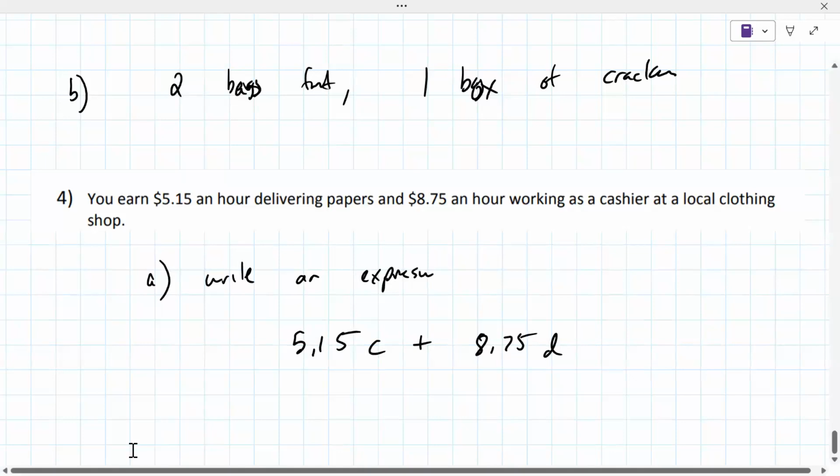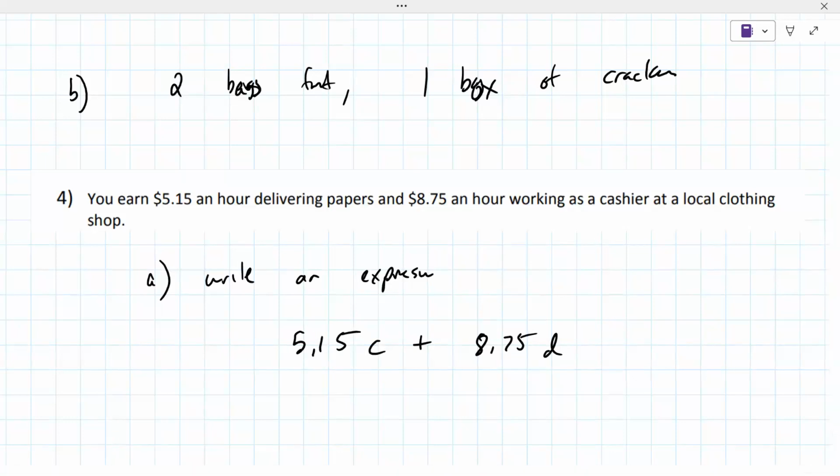Okay, give me your reasoning for using the letters C and D. There was no real reasoning. I don't like using X a lot because X is often confused with multiplication.